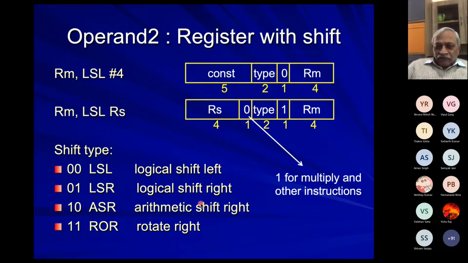That's a case where you cannot have the result contained within the 32 bits. Suppose there is no overflow, then logical shift left itself will preserve sign. Suppose you want to multiply by 8.